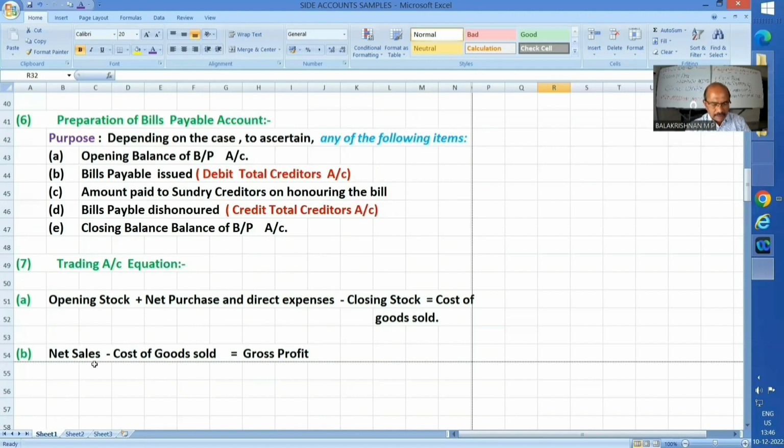Okay. Then yet another equation is there. Net sales minus cost of the goods sold is gross profit. Here also you can transpose and get the relevant item so that we can satisfactorily prepare a trading account. Well, that's all. Now let me take up the scheduled practical sum of the day.